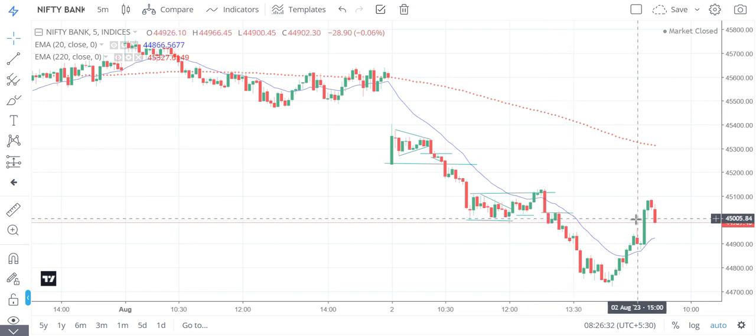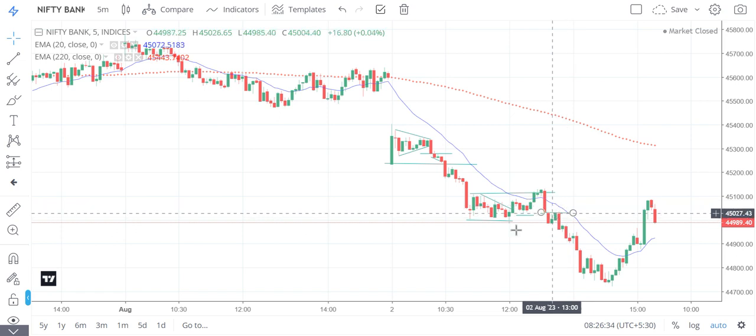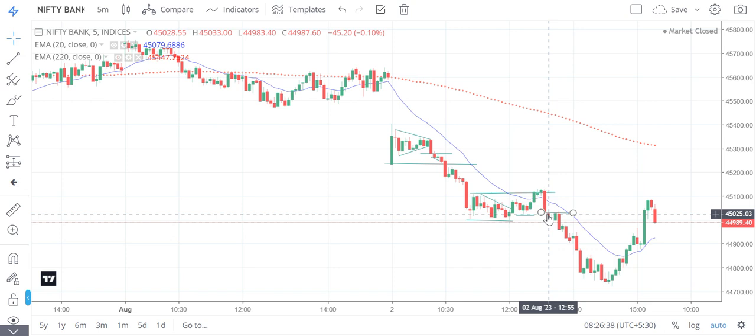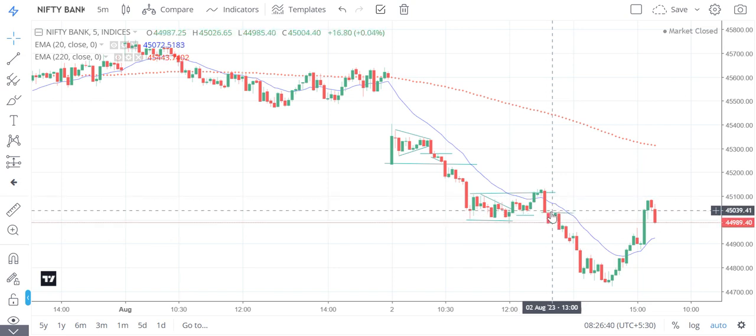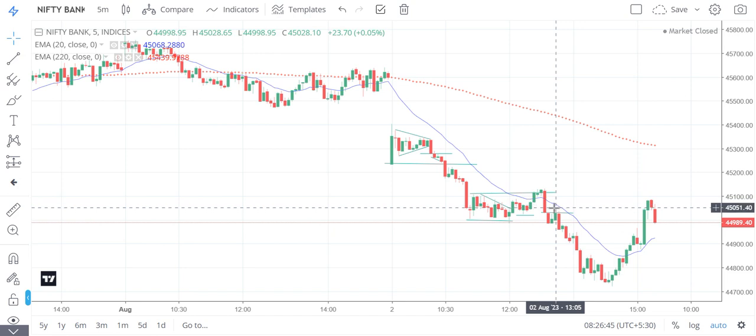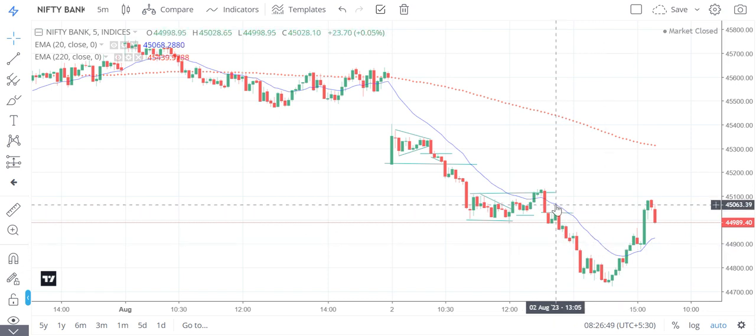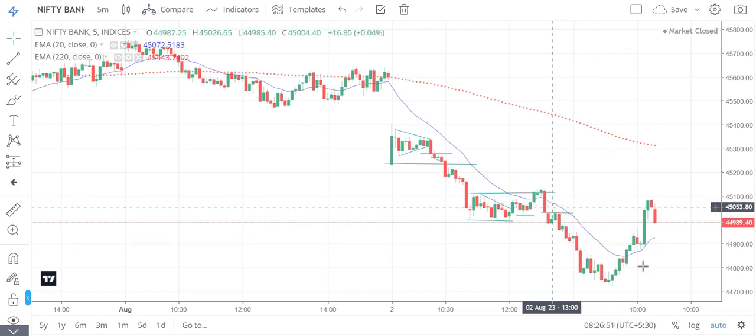There are two stops possible here. So the reasonable stop is above the trading range. It may happen that there will be a reversal, and it will take resistance from this 20 EMA, or it might create a lower high, and then there will be a sell off.